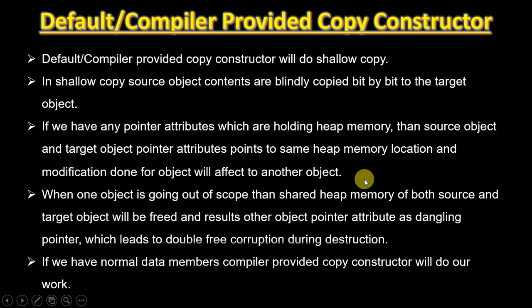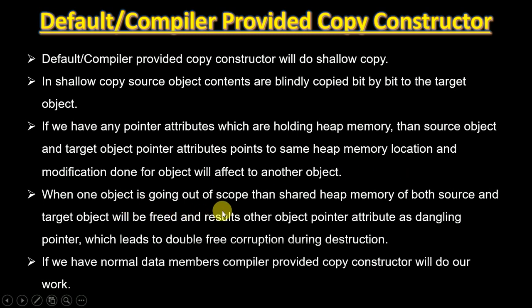Since emp id is a pointer holding the heap memory, if you modify e2.emp id, then the same modification affects e1.emp id also, because both are sharing the same memory location.